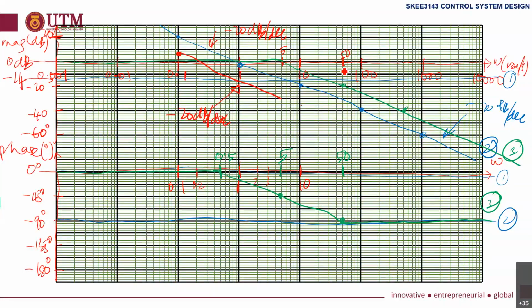Up to 5, because after 5, the third component becomes minus 20 dB per decade. Initially it was 0 slope, but now minus 20 dB per decade. So after 5, it will be added. It will be minus 40 dB per decade. That means here 34, here maybe 30, at 50 becomes 30, 70. 70 is here. So it will be like this.